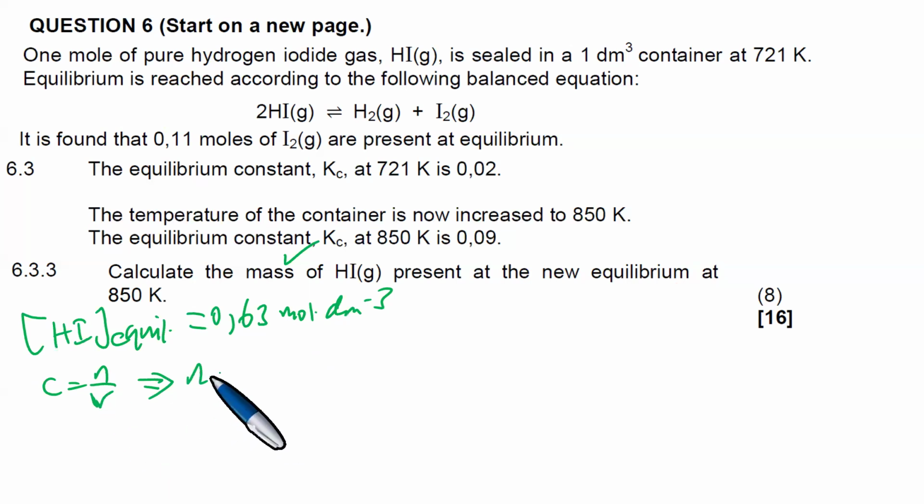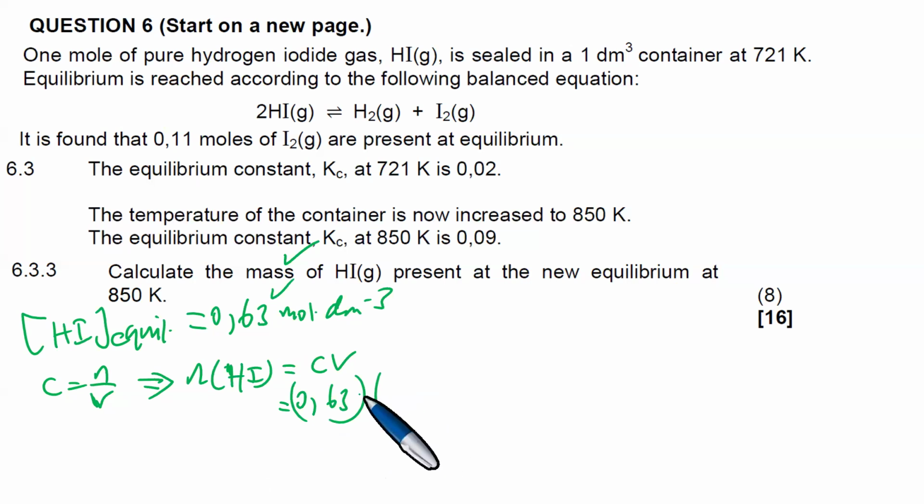So we cross multiply here so that the number of moles of hydrogen iodide would be the same as CV, cross multiply, n equals CV. The concentration of hydrogen iodide is 0.63, and the volume is 1, so you have 1 cubic decimeter.